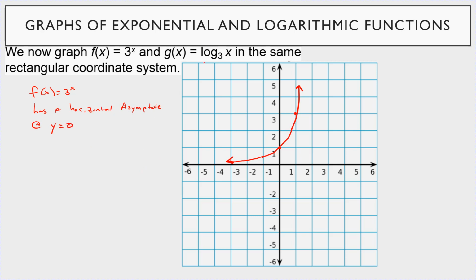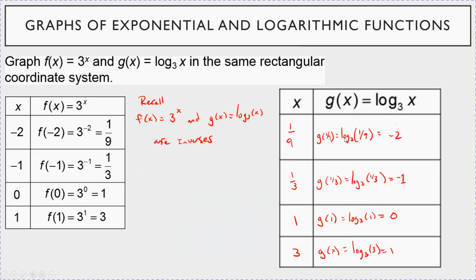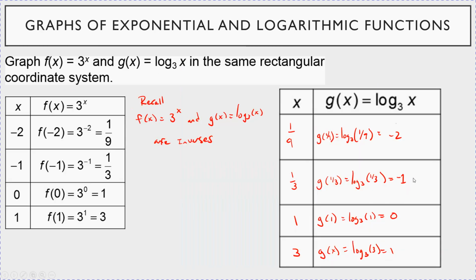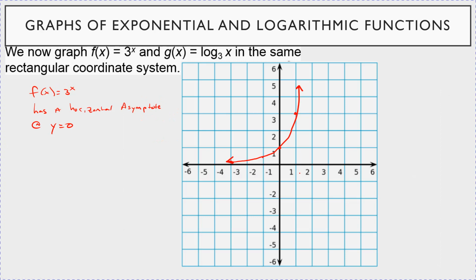Now if I do this one here, let's go back. I got the value 1/9 is -2. So now I'm going to do g of x. 1/9, -2. So 1/9 is real close here. Here's -2. 1/3, -1. 1, 0 is the next point.